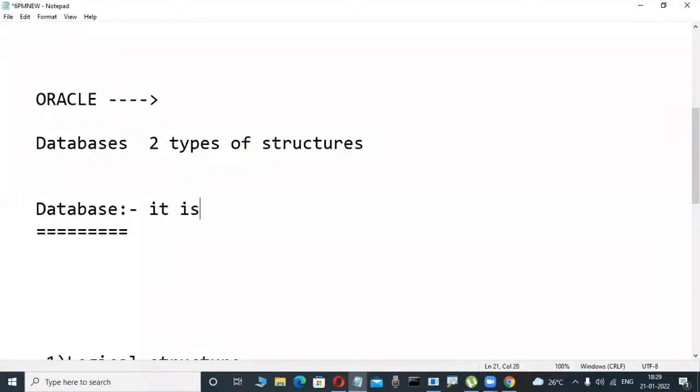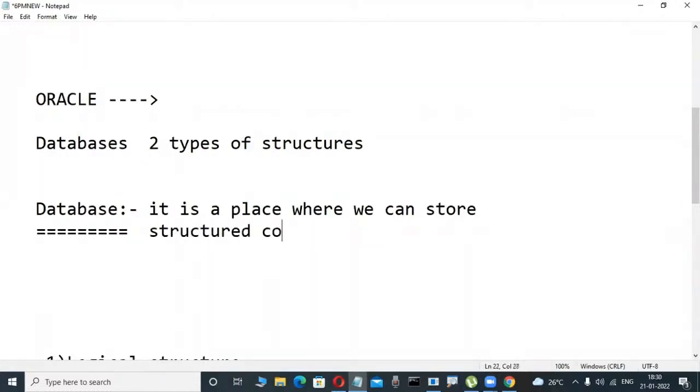It is a place in a computer system where we can store a structured collection of data. They are telling only that: a structured collection of data. What is data? What is information? What is DBMS? That is later.